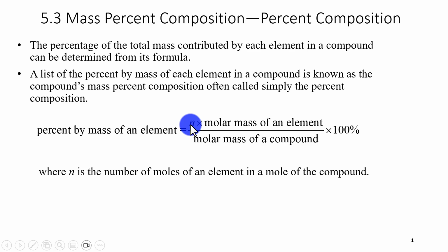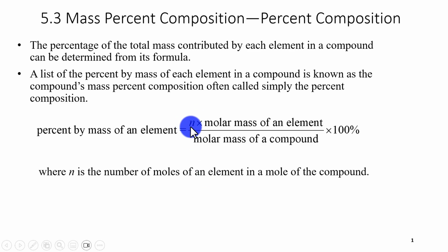N in this formula is the number of moles of an element that is contained in 1 mole of the compound. For example, if I have 1 mole of water, the formula is H2O. 1 mole of water contains 2 moles of hydrogen and 1 mole of oxygen.